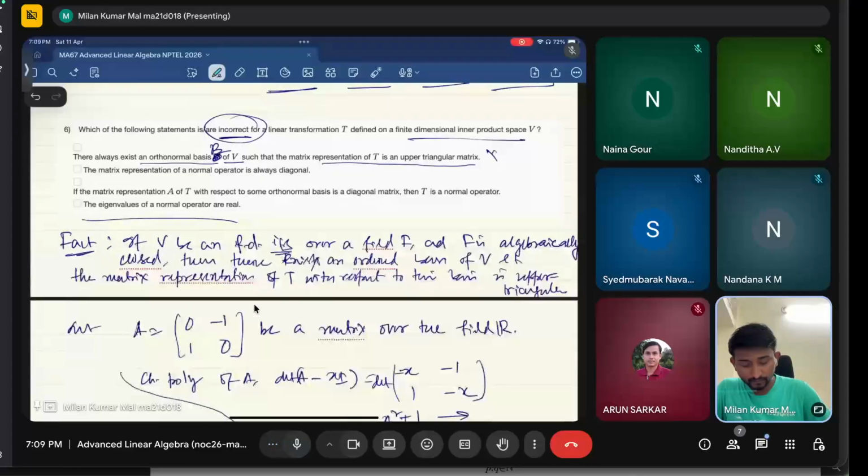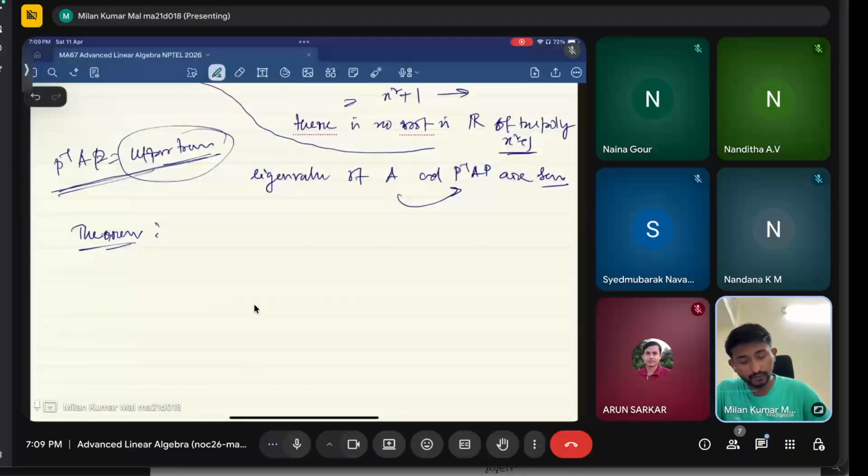Ultimate means it is one of the main targets that everything else was developed to reach. Let V be a finite dimensional inner product space and T from V to V be a normal operator, a linear operator.